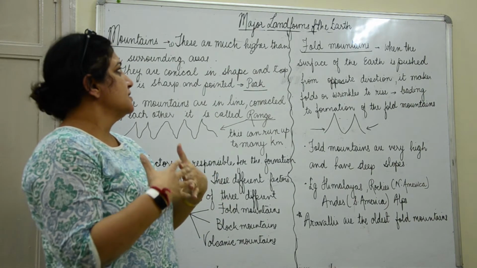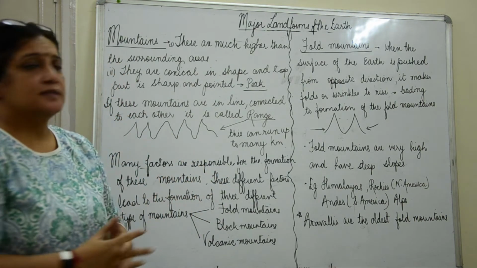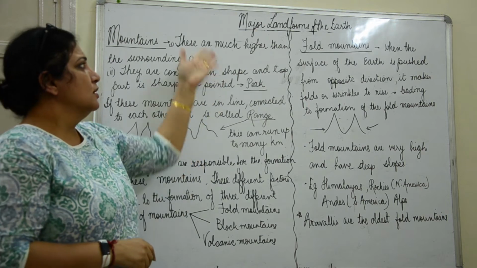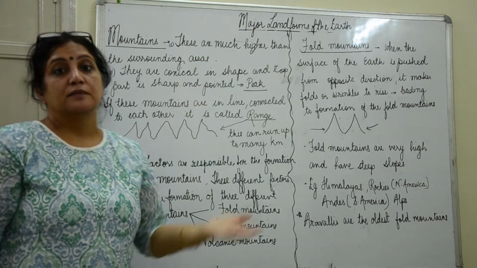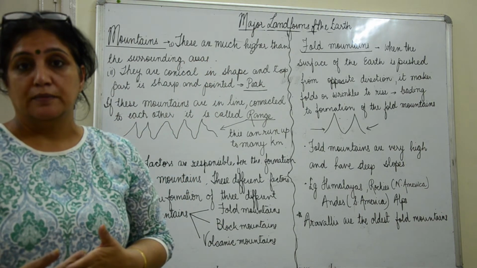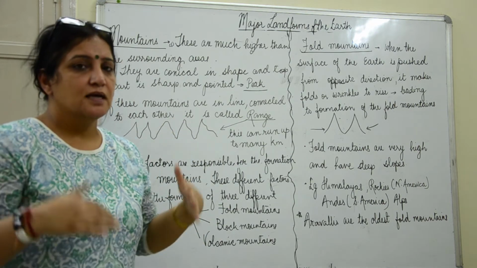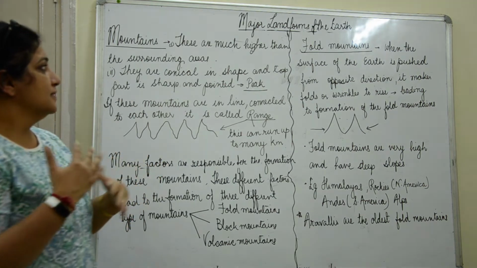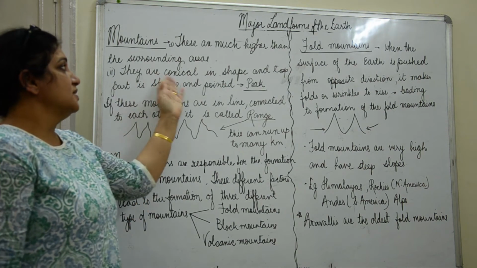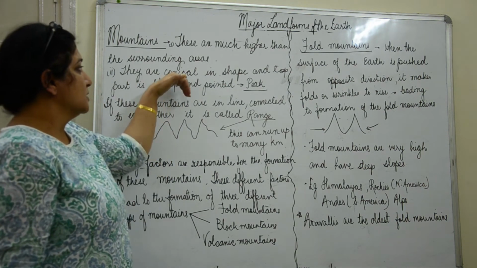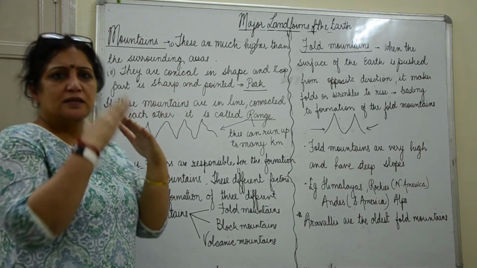Now mountains are much higher than the surrounding areas. As we learned, Mount Everest is the highest mountain on earth. So generally we have an idea that mountains are very, very high compared to the surrounding areas, and mountains are conical in shape. Their top part is sharp.